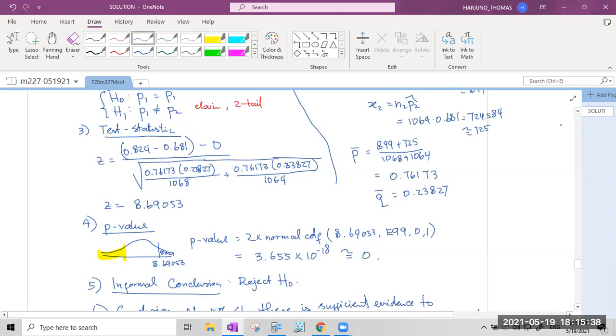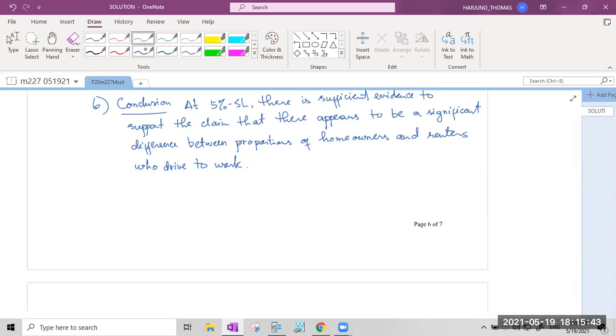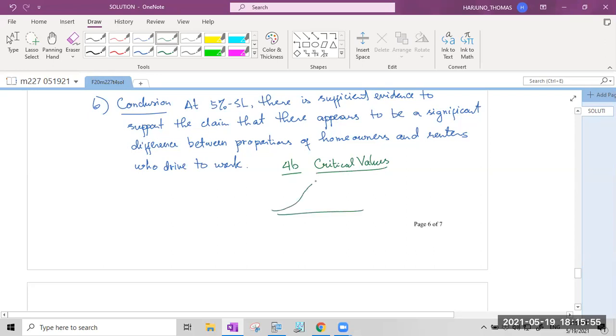Now let's take a look at the critical values, 4B. It's two tails, so I use critical values. That's standard normal distribution. The area of the tail is 5% divided by 2 tails, that's 2.5% each.